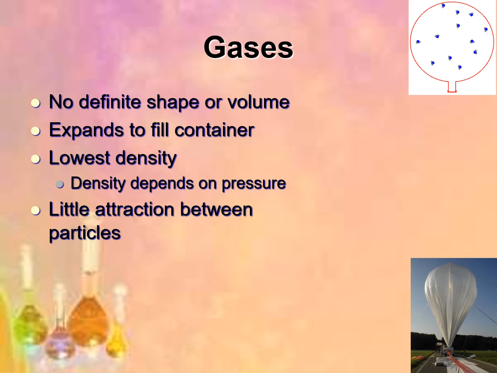And they have a little attraction between particles. Why? Because of their arrangement in terms of their molecules. Because if their molecules are far away from each other, it has a tendency to attract in a minute way or in a little attraction.